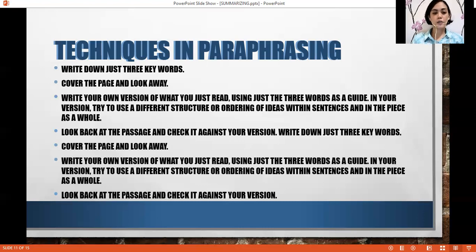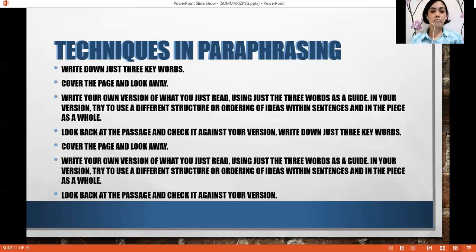Next, look back at the passage and check it against your version. So the last is look back at the passage and check it against your version.